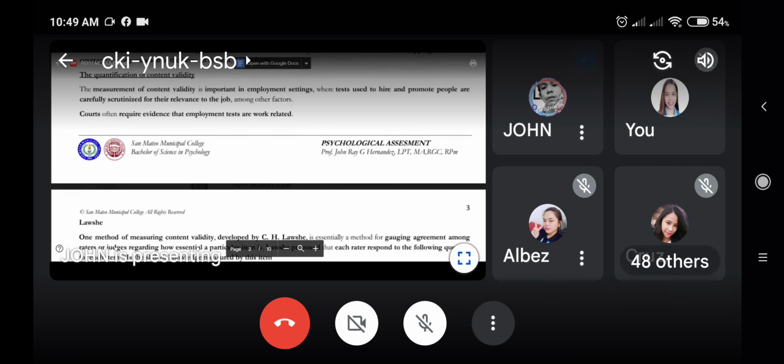That's what content validity is all about. What is the expectation? That's the content of the appraisal management tool that you will be using. Am I clear? Yes, sir.